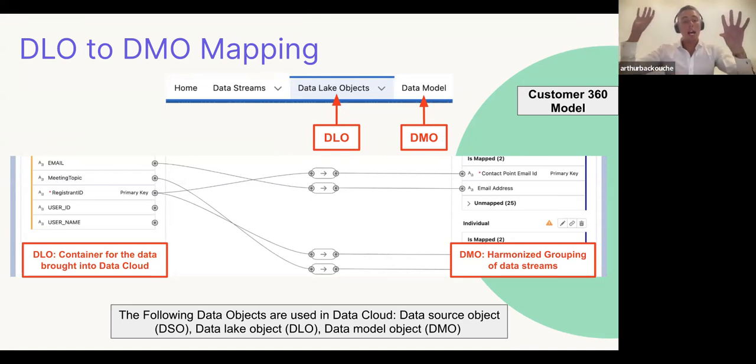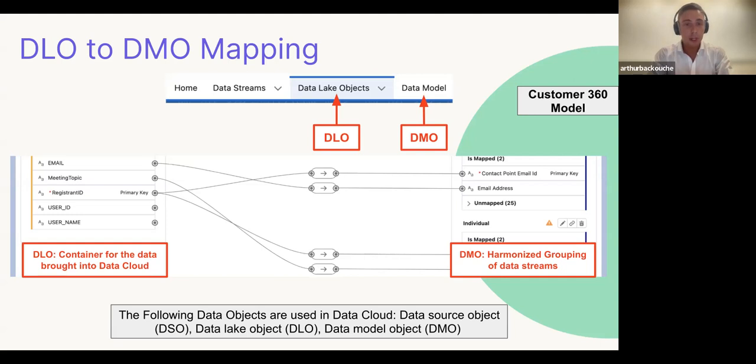And then I will have to connect and map my DLO to my DMO. A DMO is basically an object that is part of a galaxy of objects. If you take the example of Star Wars, a DMO would be a planet in Star Wars, like Tatooine, for example, or any other planet.